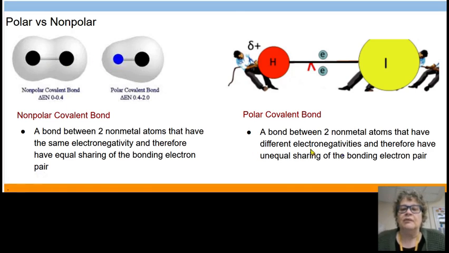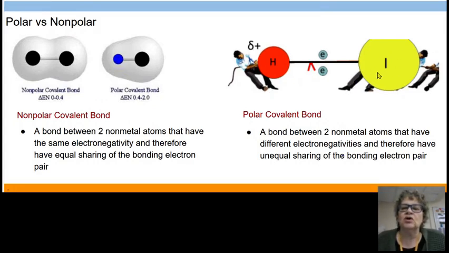Okay, a polar covalent bond again happens between two nonmetal atoms, but in this case, they have different electronegativity and therefore have unequal sharing of the bonding electron pair. So in our picture here, we have hydrogen and iodine. They're sharing 2 electrons, okay?